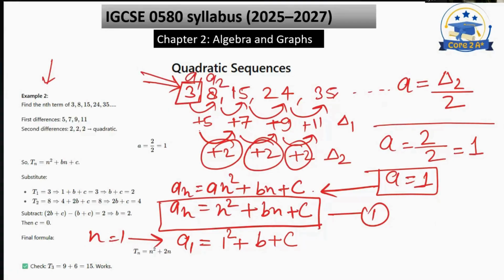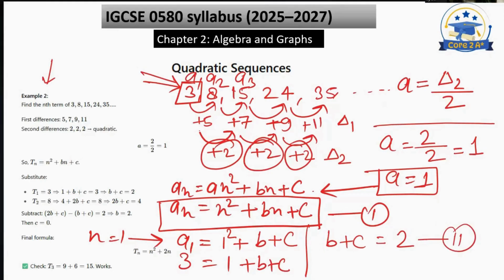The second term is your A2. This is your A3, right? So A1 is 3 equals 1 plus B plus C. So B plus C equals 2, right? Now you may assume this is equation number 2.